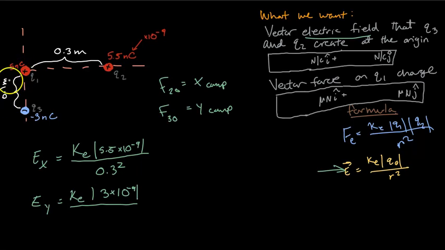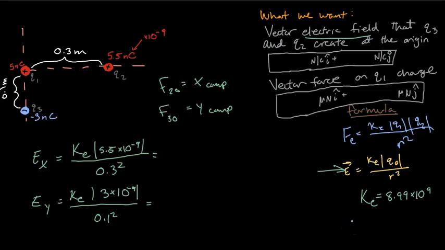And we have it right here, which is 0.1 meters, and then squared. And once we do the calculations, we can remember that our Coulomb constant is 8.99 times 10 to the 9.